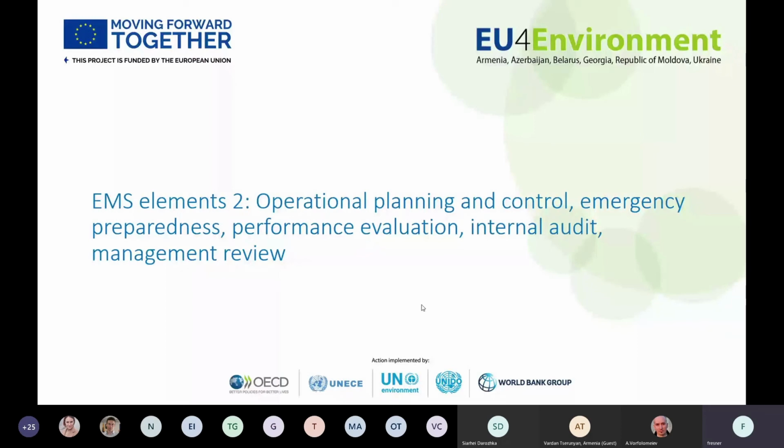We will now be talking about operational planning and control, which means basically to control all the operations in the company which have a significant environmental impact according to our evaluation.